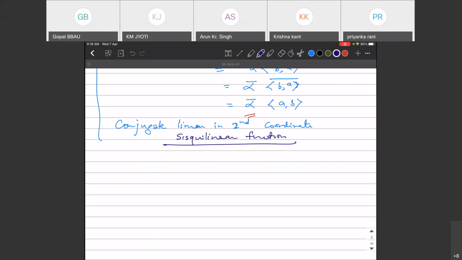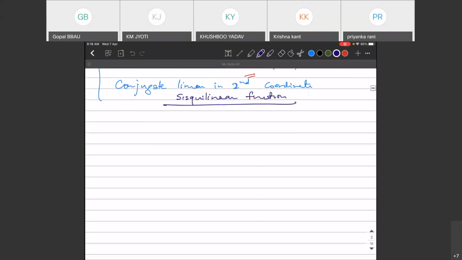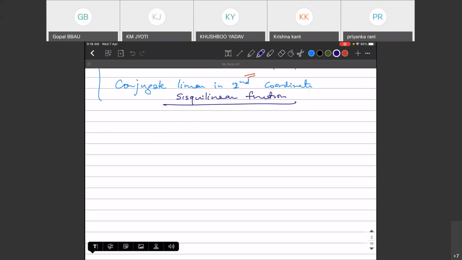I said a norm, sorry, it's the inner product. The inner product is a sesquilinear function. Sesquilinear means it is linear in the first coordinate, but conjugate linear in the second coordinate.